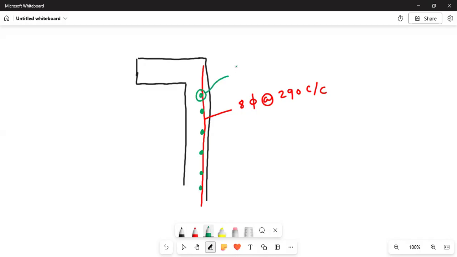So this is also 8 mm at the rate of 290 mm center to center. Okay, so the horizontal reinforcement is also 8 mm at 290 mm center to center. The vertical reinforcement is also 8 mm at 290 mm center to center.